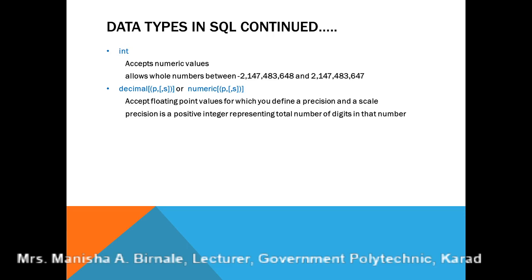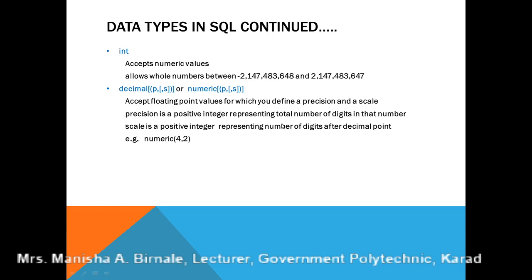Precision is a positive integer representing the total number of digits in that number, including digits before the decimal point and digits after the decimal point. And S means scale. It is a positive integer representing the number of digits after the decimal point.